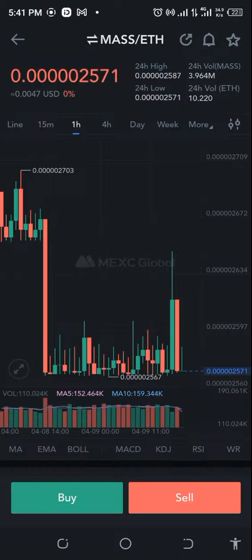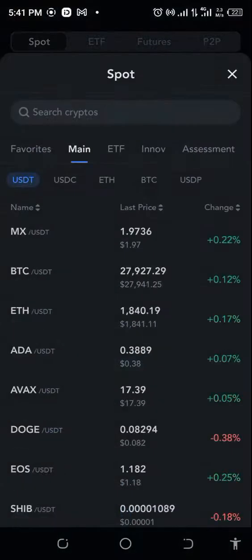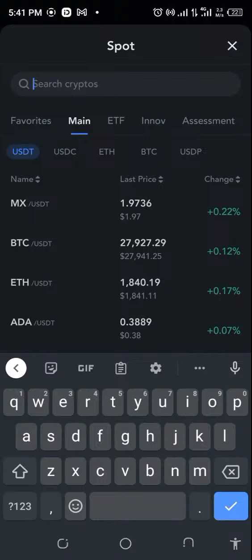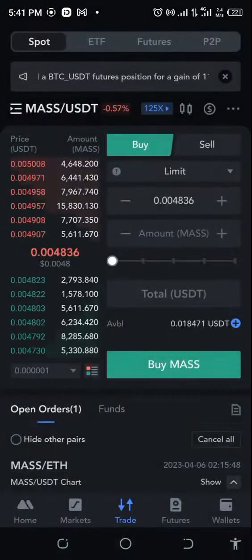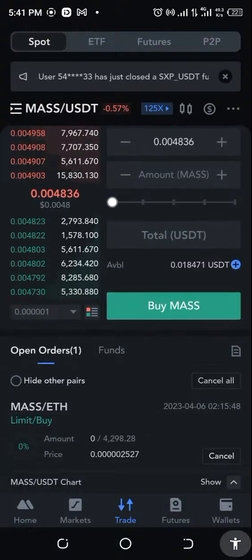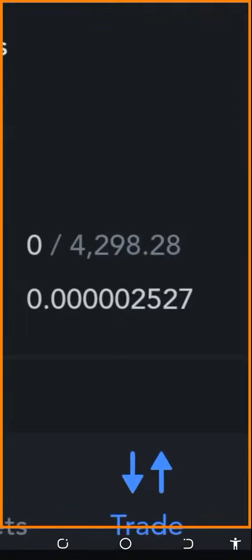If we're able to get it to 2527, then we can come back to MASS USDT. Then we'll be able to sell. Let me see what happens. How much do we have? We have 4298.